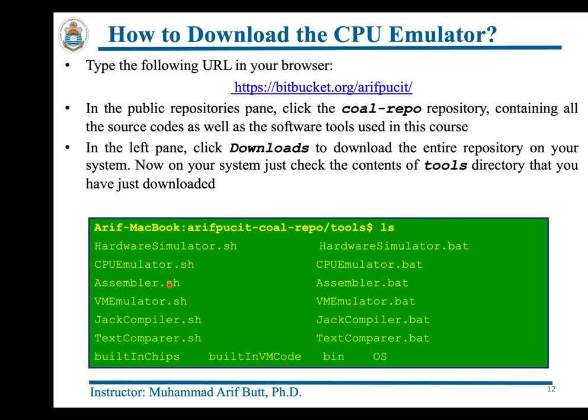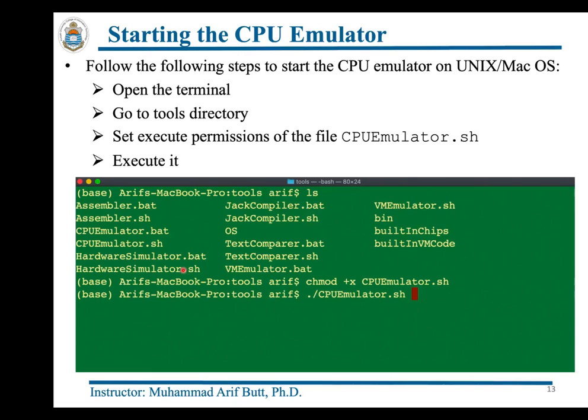The Microsoft users can use the CPU emulator.bat file, while the Linux and Mac users can use the CPU emulator.sh file. The way we did with the hardware simulator, we just need to set the execute permissions of the CPU emulator using this command, and then we need to execute it.